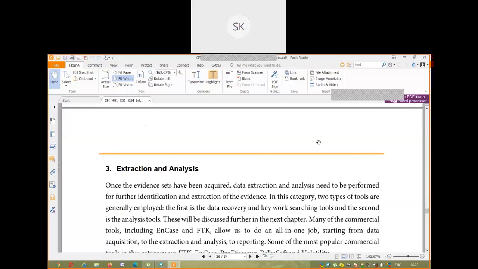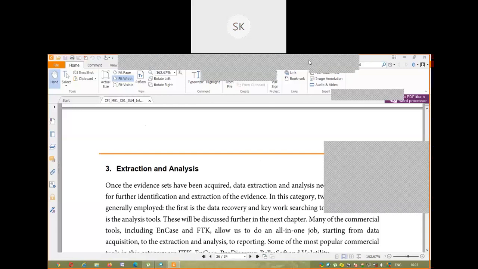Am I right or wrong? Write in the chat box. Right, sir. All are right, or does somebody have a doubt? That's what I want to know. Those who said otherwise may have a doubt. All are right.